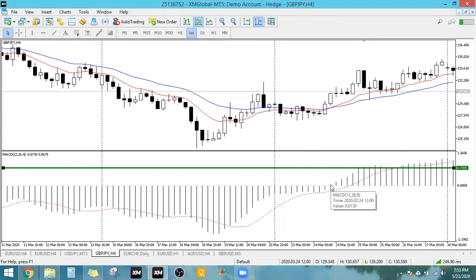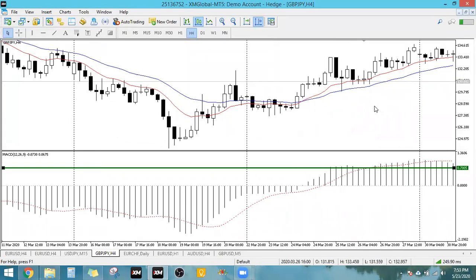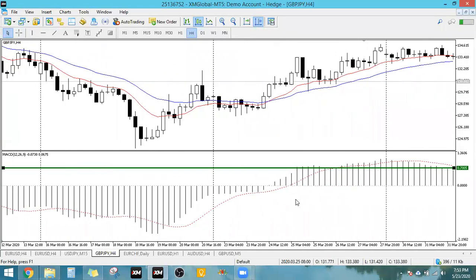At nung time na nagsara na yung MACD mo dyan ng positive side, that is when it tells you that the market is already going upwards. Okay? So yan ang mas magandang gamitin kaysa dun sa dotted na red line. Pero yung mga ibang strategies, use the dotted red line, as long as gumagana, ayos lang naman. No? Pero if you want it to be a little bit earlier, ito yung gagamitin nyo.